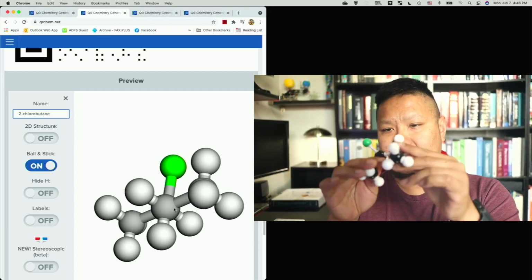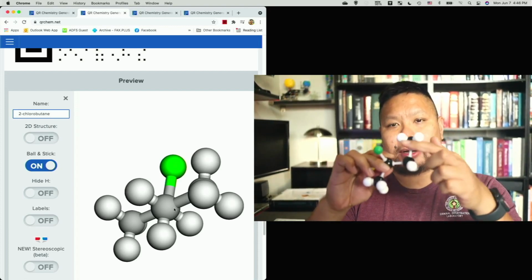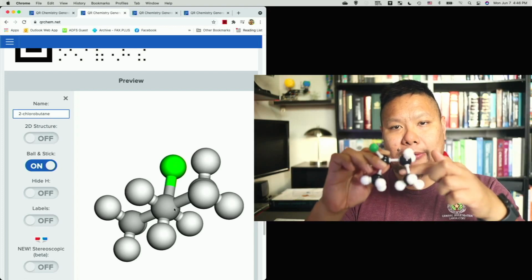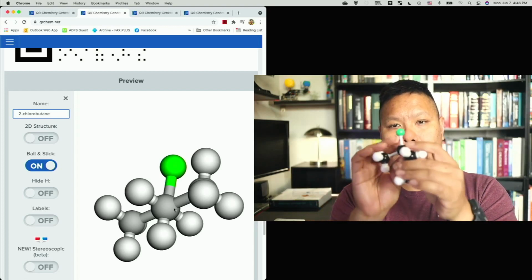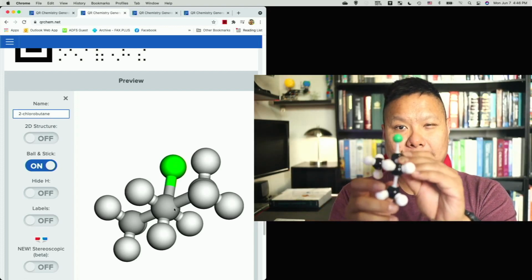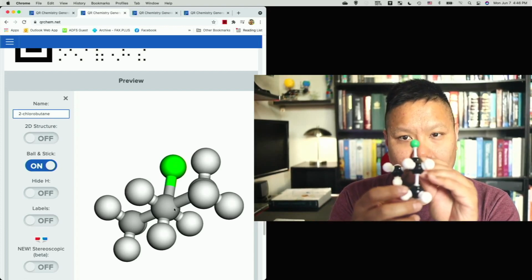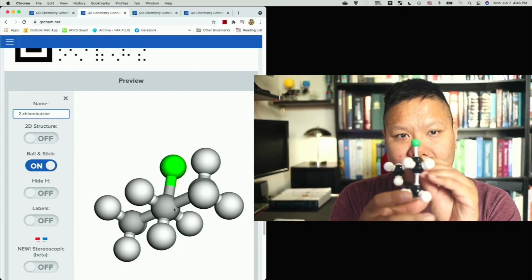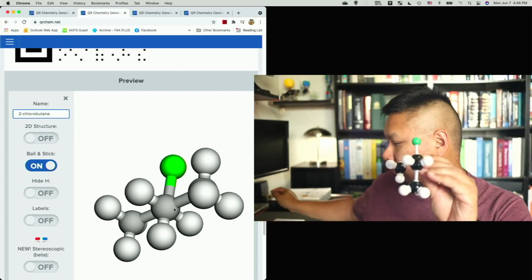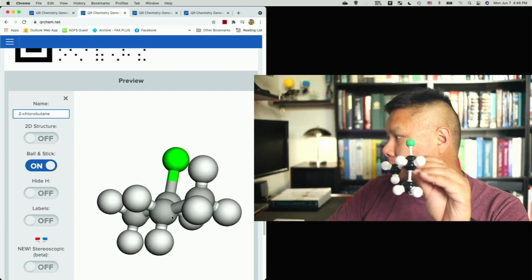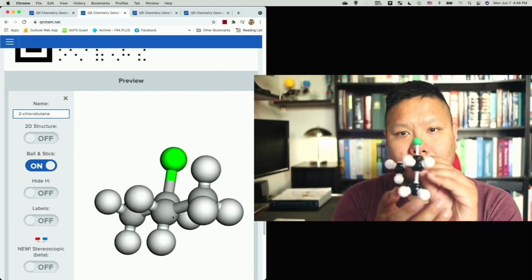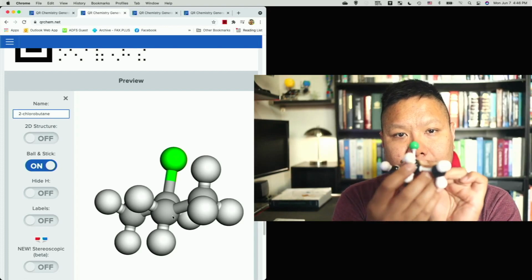But on the ball and stick model, you can rotate it back and forth all the way around. With the chlorine in the back, the 3D model here has the methyl group going like this.